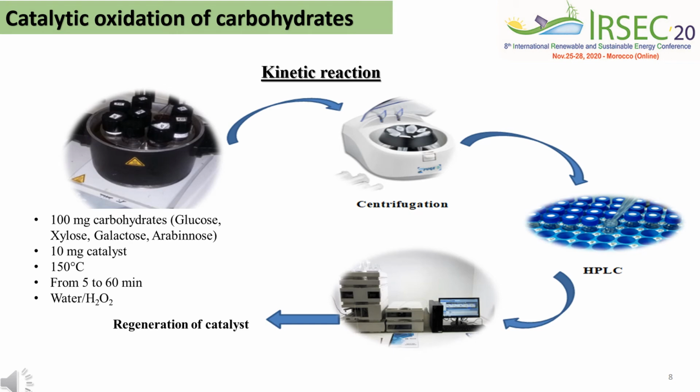The kinetic is from 5 to 60 minutes, and the solvent used is water and H2O2. After the reaction, the product is centrifuged, then analyzed with high performance liquid chromatography, then the catalyst is regenerated.